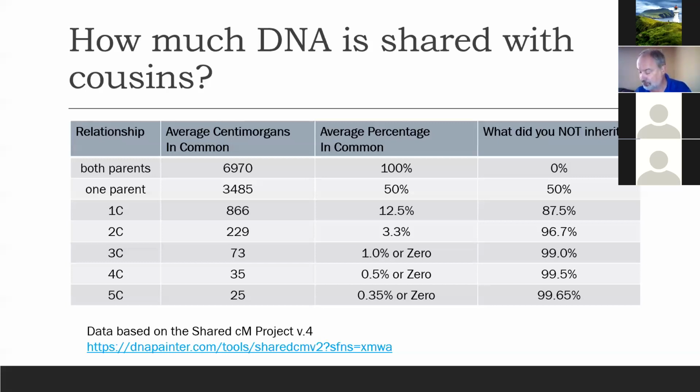So you are 12.5% with your first cousin. The Shared Centimorgan project has an average of 866 centimorgans in common. Second cousins is 229, third cousins 73, fourth cousins 35, fifth cousins 25. So that's where the average centimorgans come from, and that's from the Shared Centimorgan Project.